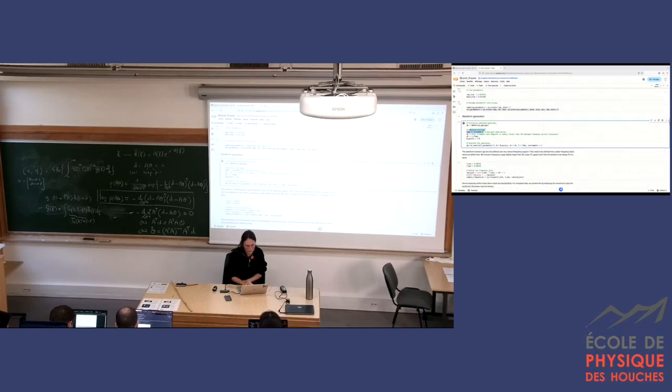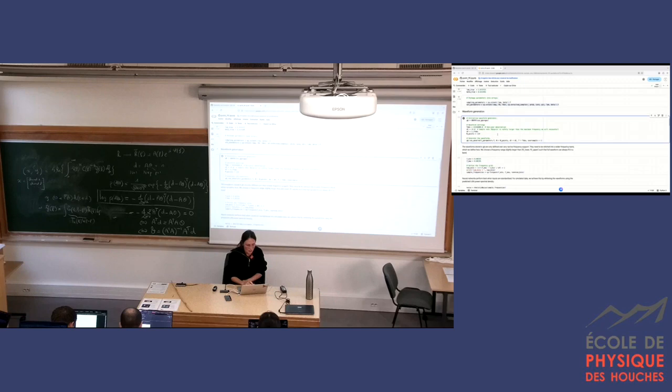Then we define the observation time. Here we put 1 year, and for DT we put 15 seconds. This is the number of points around F dot. So the thing is that galactic binaries are really narrow. They are almost monochromatic.